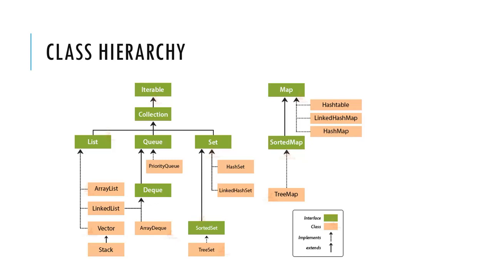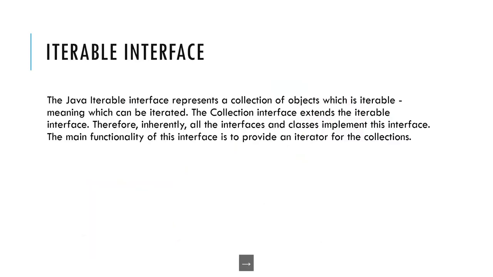The class hierarchy of the collection framework is divided into two groups: the subclasses of the Collection interface and the subclasses of the Map interface. In this video, we will cover only the first group of these collections. The Iterable interface is the superclass of the Collection interface.